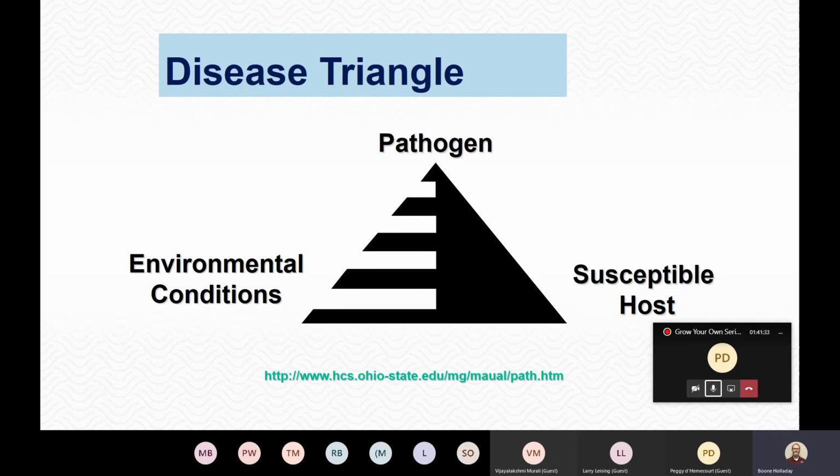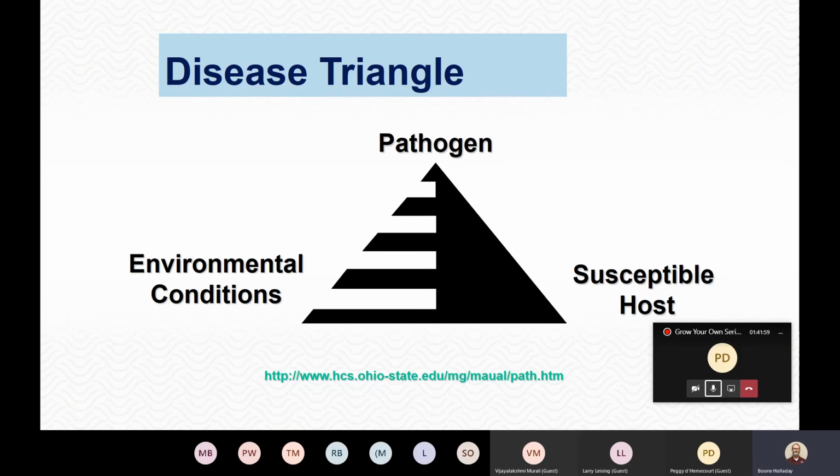We have to have all three of these things working together for a disease to take hold. We have to have this pathogen, and its susceptible host, and we have to have those together in a conducive environment for this pathogen to be able to impact that susceptible host.